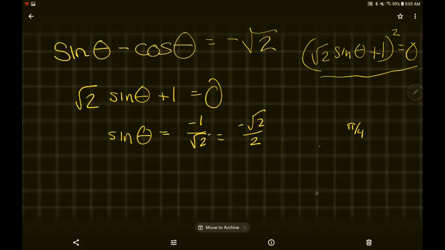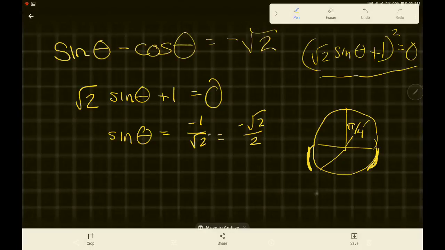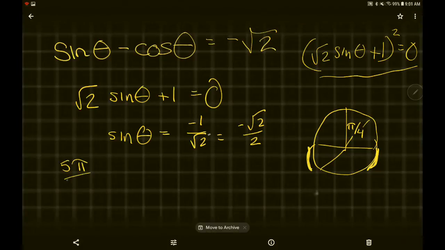So that's our reference angle. We're talking about pi over 4 down from pi, and pi over 4 this way from 2 pi. Those are where sine theta is negative, so that would be 5 pi over 4 and 7 pi over 4.